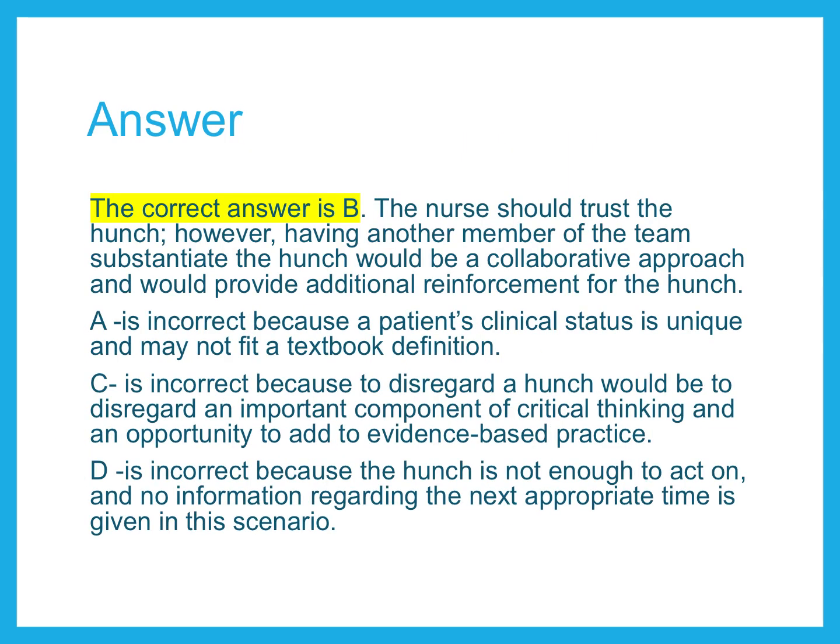You can pause the video to review the correct and incorrect answers. Hopefully, you chose answer B. Then we should trust our hunch. However, having another member of the team substantiate and validate what we decide would provide additional reinforcement for the hunch.